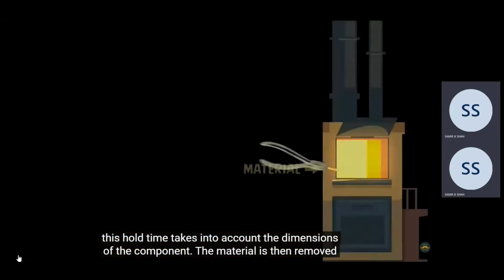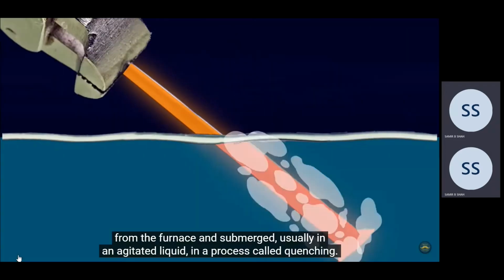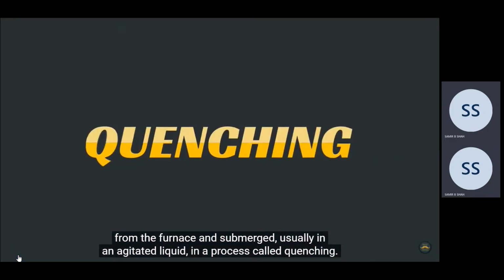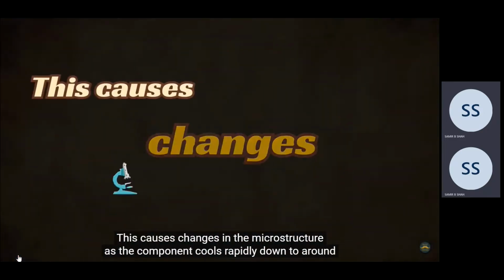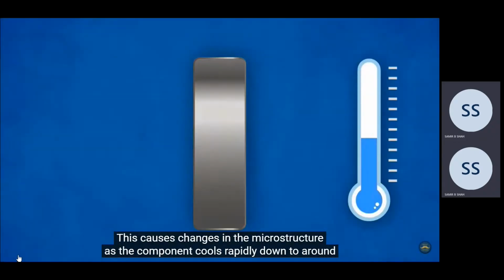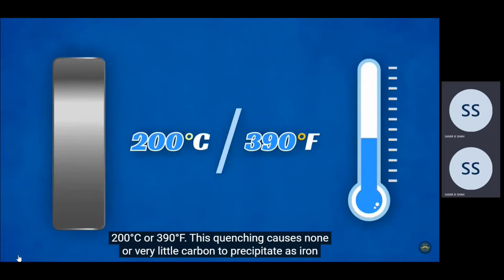The material is then removed from the furnace and submerged, usually in an agitated liquid, in a process called quenching. This causes changes in the microstructure as the component cools rapidly down to around 200 degrees Celsius or 390 degrees Fahrenheit.